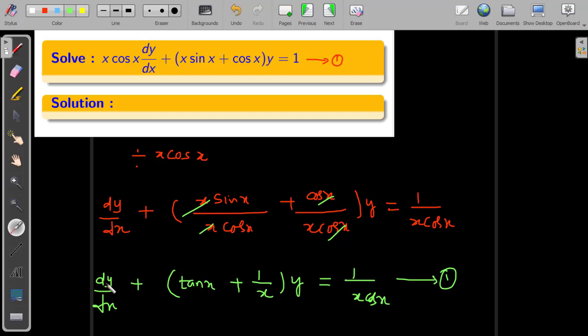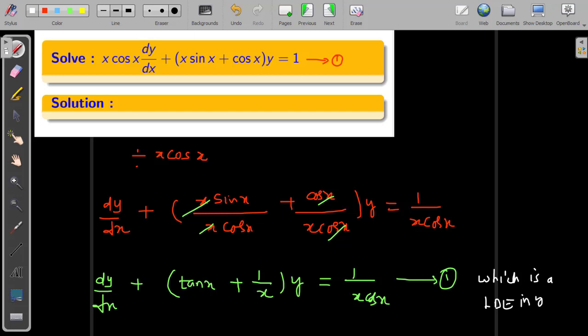How can we say this? Y is the dependent variable, this total bracket is p, which is multiplied by y, equal to q, which is this total rational function. So I will write here that this is a linear differential equation in y.